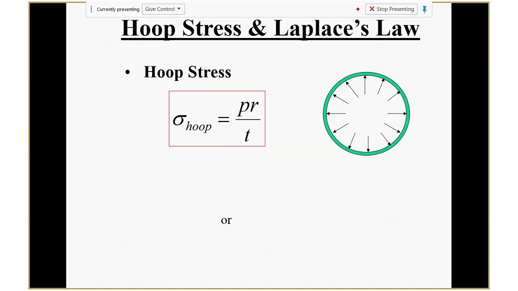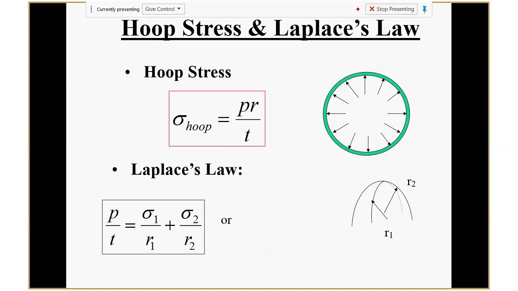If you look at an arbitrary membrane, a 2D situation, the Laplace law looks like this: P over T equals sigma 1 over R1 plus sigma 2 over R2. Sigma 1 is one direction, sigma 2 is the other direction.